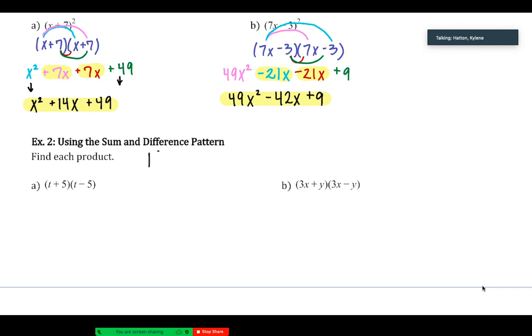method. So if I go to FOIL it and multiply the first term in each parentheses, t times t, that's written as t squared. And then if I multiply the outer term in each parentheses, t times negative 5 is negative 5t.